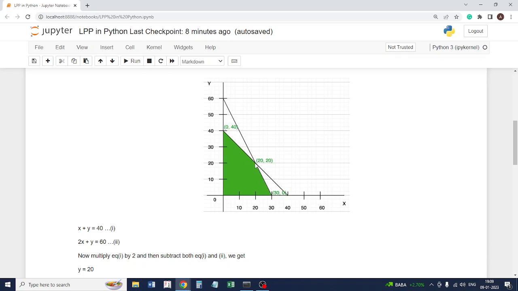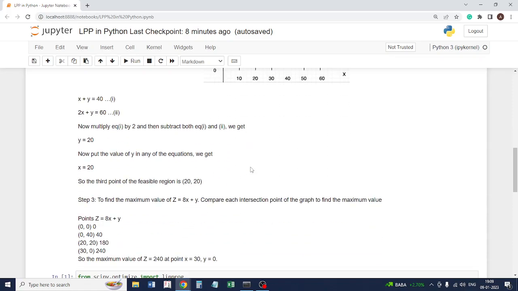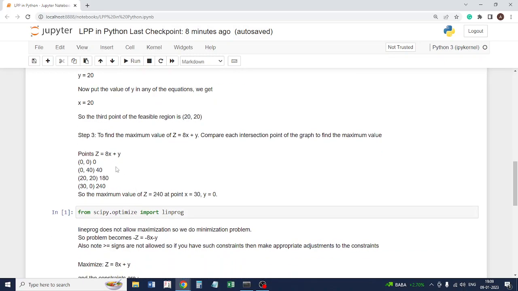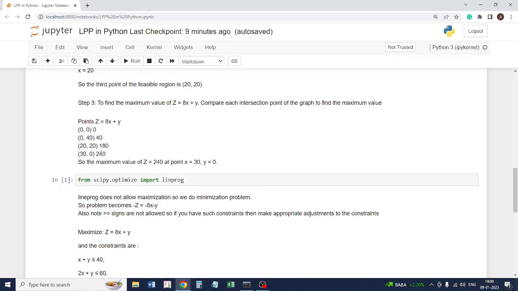When you take these boundary points and solve for this equation, you will find that you get a maximum value of this function at the point 30 comma 0, where x is 30 and y is 0. That is where z is the maximum. All right, so that is using your intersection point method, the graph method.